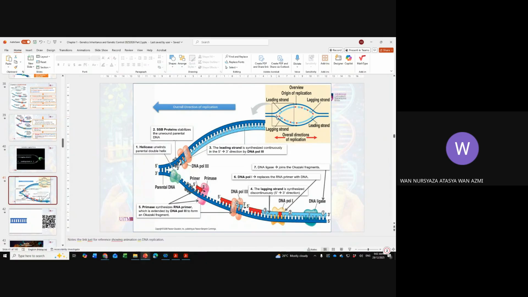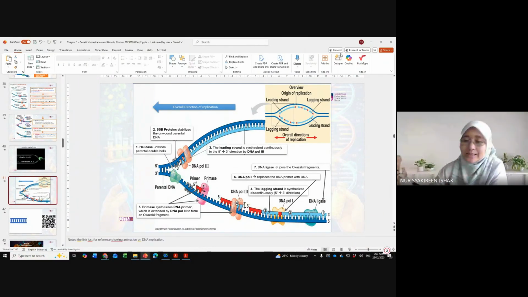Dalam kereta ke apa? Tak, saya tengah fahamkan lagi. Okay. Faham tak soalan saya? Kenapa? Why is it that the Okazaki fragments start here, the first fragment, the second, the third. Kenapa bukan this is the first, this is the second, this is the third? Anyone? Do you have any clue why?